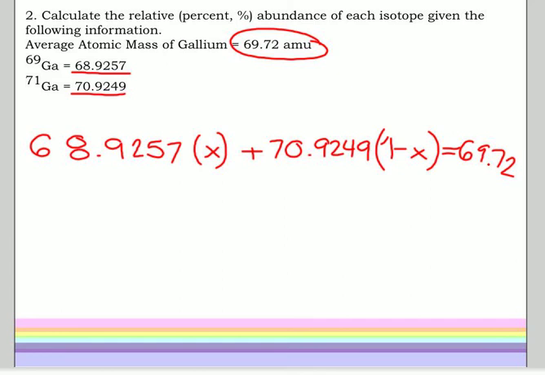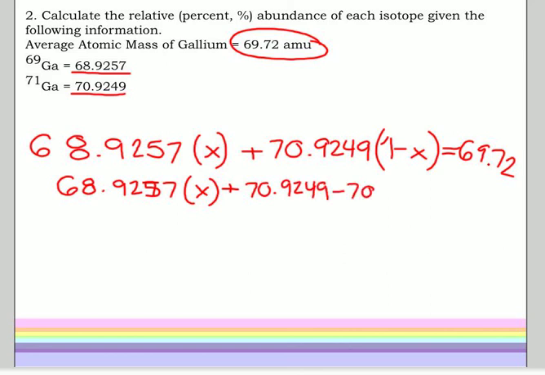Then what you do is some algebra. The first thing I'm going to do is carry everything through. So I get 68.9257x plus 70.9249 minus 70.9249x equals 69.72.